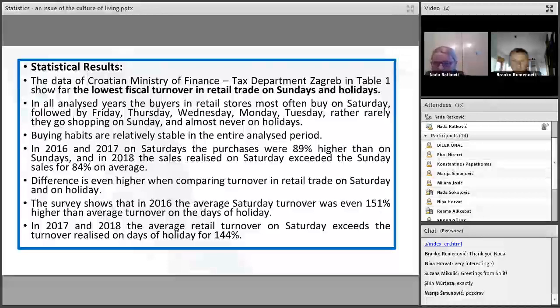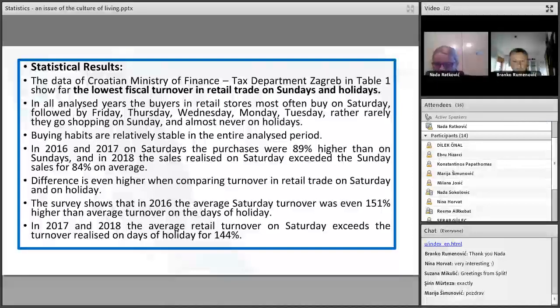Rarely do they choose to go shopping on Sunday. Here in Croatia, people really like to go shopping on Sunday.